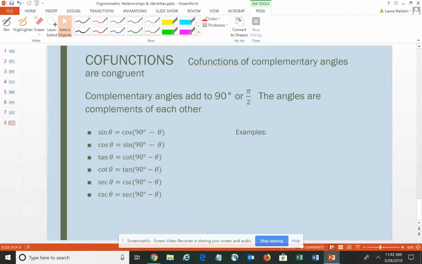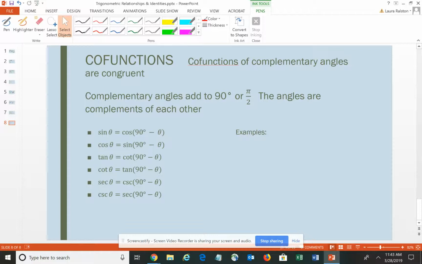And then we also have something called cofunctions. The way it reads, it says cofunctions of complementary angles are congruent. Remember that complementary angles are two angles that add together to equal 90 degrees, and we say the angles are complements of each other. The definition looks kind of weird, but it says that the sine of an angle is equal to the cosine of 90 degrees minus that angle.